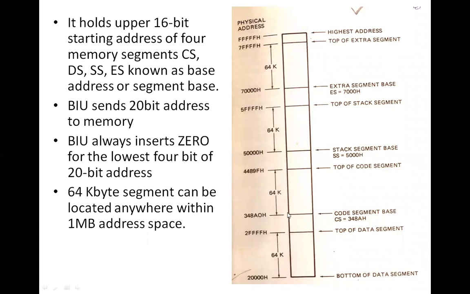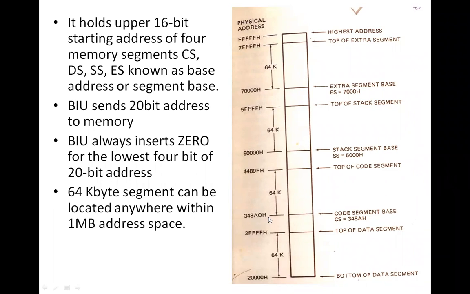So the next address will be 348A1, the next address will be 348A2, the next address will be 348A3, then 4, then 5, and similarly we keep adding. So if it is executing 348A0, the next will be 348A1.